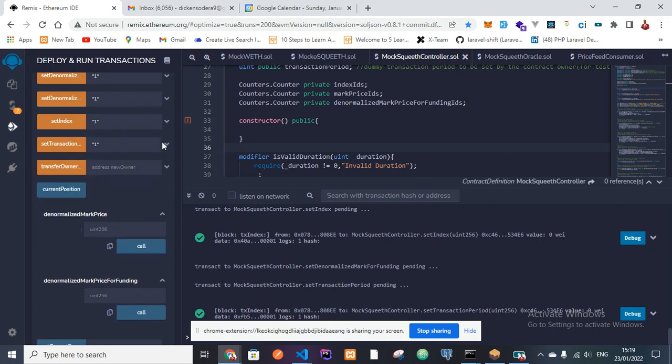Yeah, so that's a success. These are ownership functions, which you can't test at the moment.